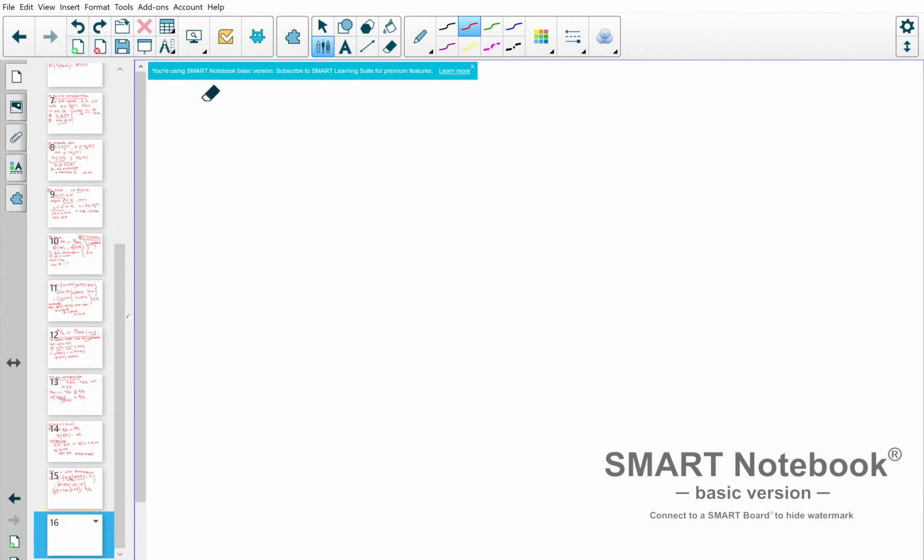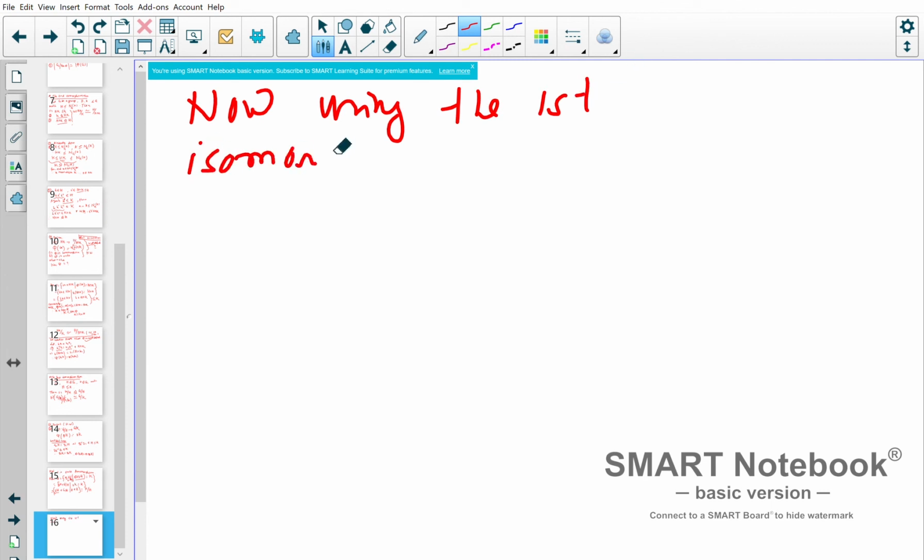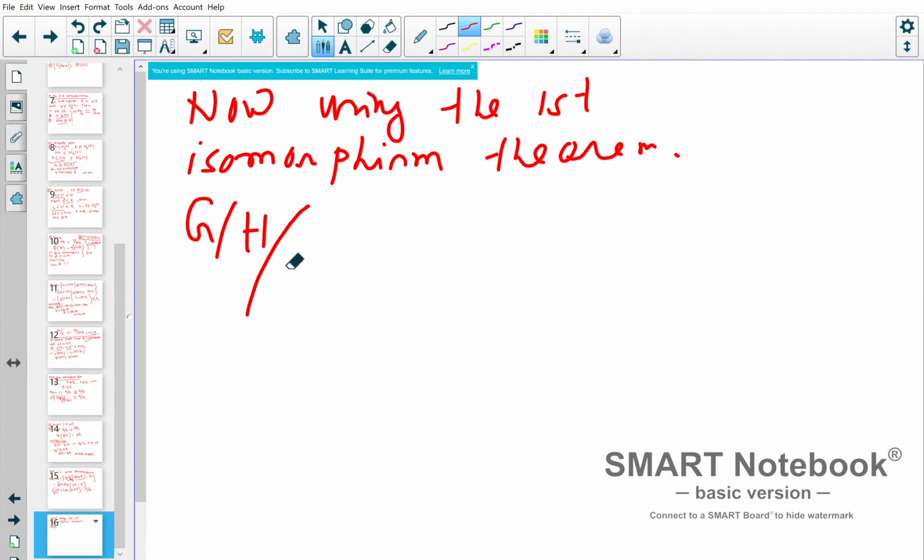Now using the first isomorphism theorem, we have G mod H and the kernel, which is nothing but K mod H, which is isomorphic to G mod K. Okay, so this is the proof.